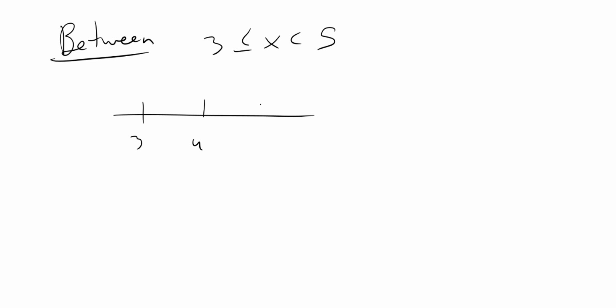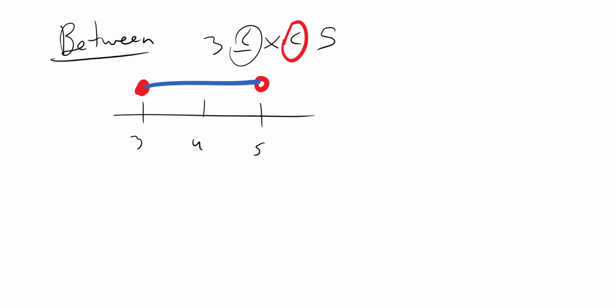So 3, 4, 5. And that's a solid dot here, and this one's an open dot here. It's between 3 and 5. So you draw your line. It's like a barbell. Okay, between 3 and 5. Not bad.